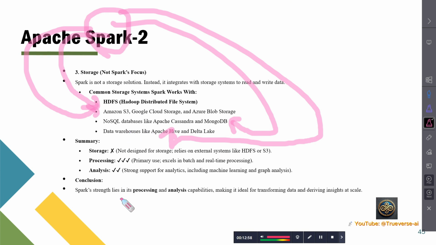So Spark, as I mentioned, is for processing and analyzing, for transforming data and driving insight. So these are the Spark advantages.